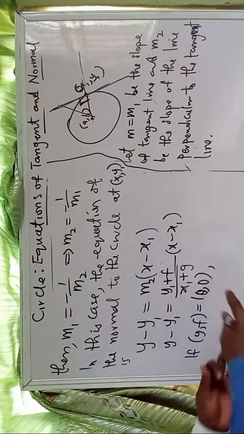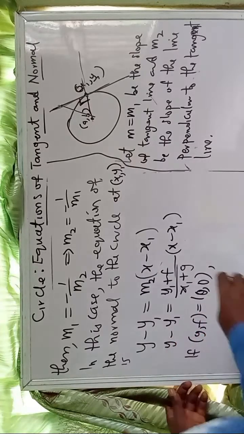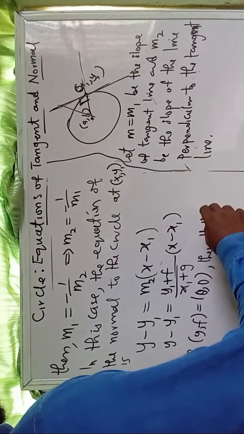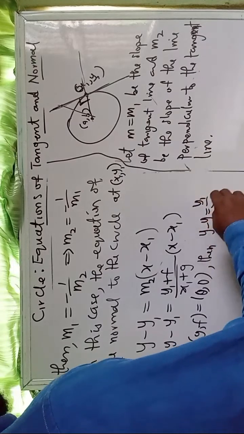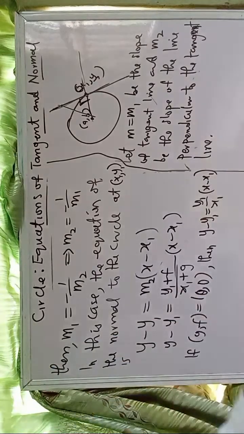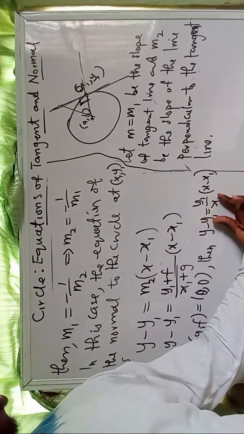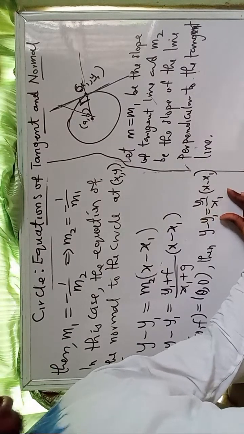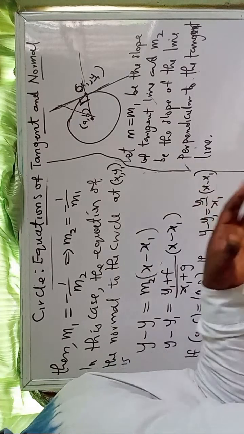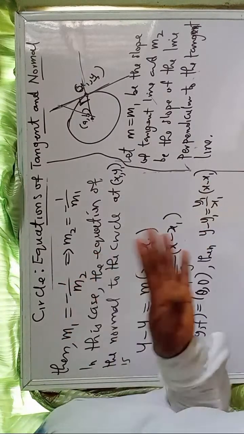If the coordinate of the center is 0 comma 0, what we have will be y minus y1 equals y1 over x1 times this. This is also the equation of the normal line at the point x1 comma y1 of a circle whose center is at the origin. So here we have been able to deduce 4 things.